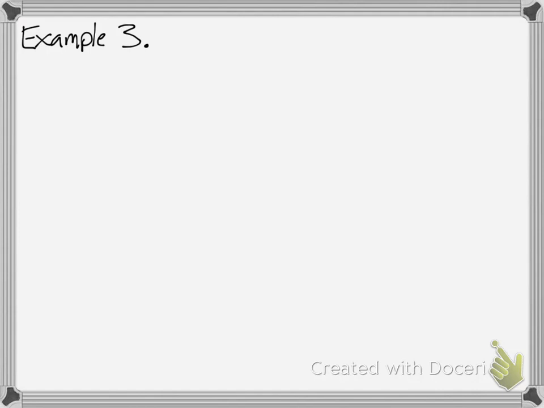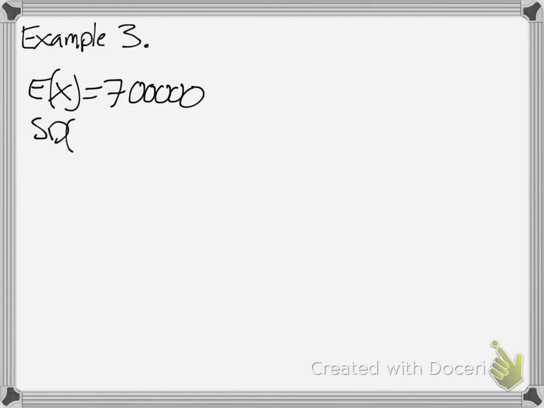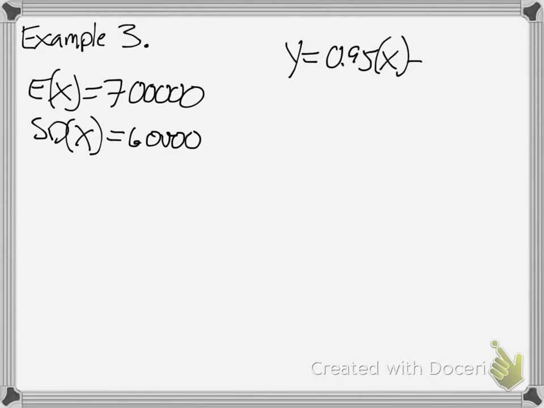So, again, we're given that the mean of our random variable is $700,000, and the standard deviation of x is $60,000. And we're given that y is equal to 0.95 times x minus 50,000.